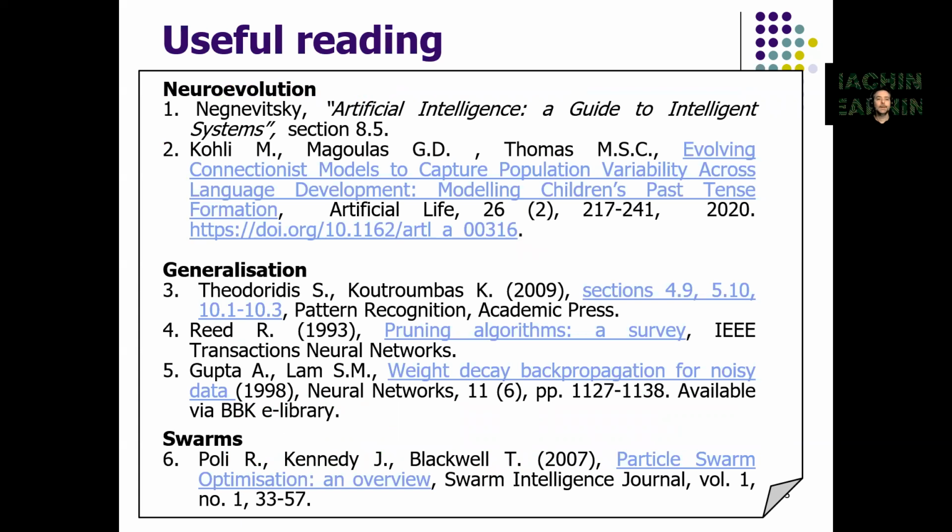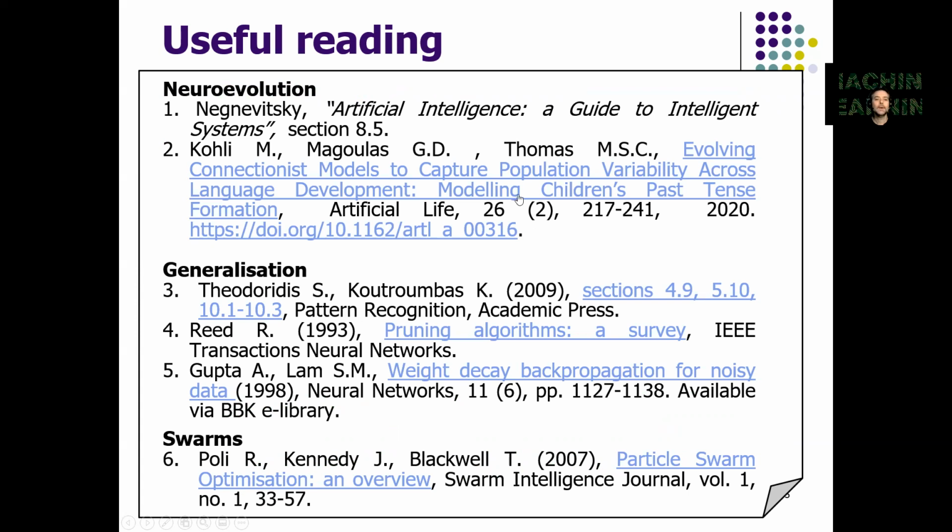So this is the final slide with the material that I used, and I would advise you to go to the sources for more details about the concepts presented in this lecture. So we have the core text, which is Nektevisky, the particular section.